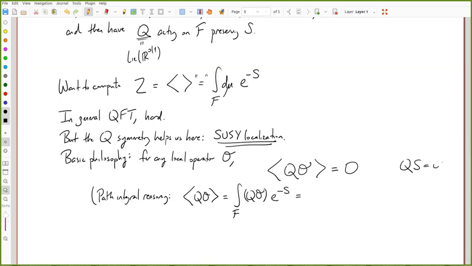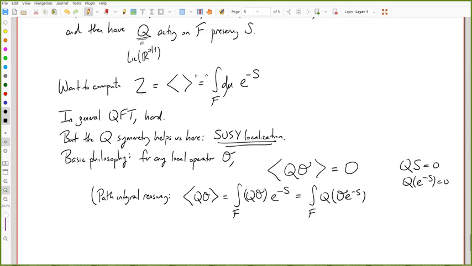So Q of S is 0, right? If you have a function that's invariant under some vector field and you act with the vector field on it, you get 0. So likewise, Q of e to the minus S is 0. So because of Leibniz rule, this is the same as Q acting on the whole O e to the minus S. That's the idea.